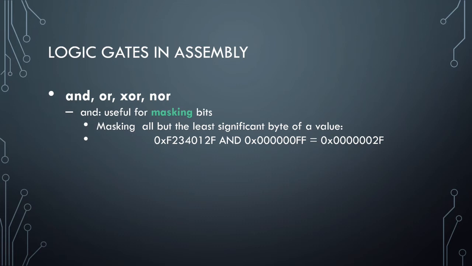So for example, if we want to filter out everything except this last bit, this 2 right here, which is the only value that matters to us, we can apply an AND filter. We can AND this first number to the second. With AND, you'll remember that there has to be a value in both registers for it to be valid.